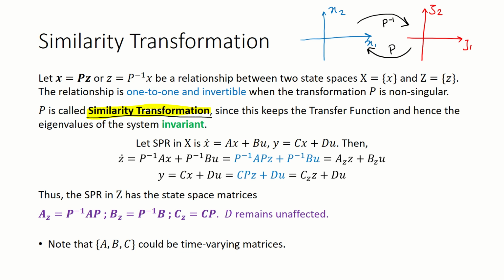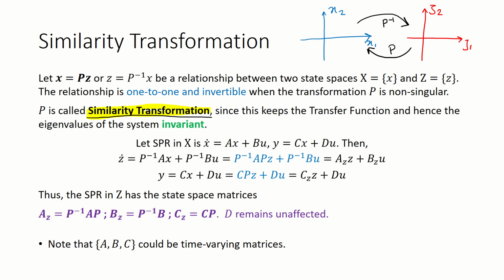The answer is the same as why we go from decimal to binary or from octal to hexadecimal. In some situations, some representation suits us better. We are able to work with some representation in a certain environment in an easier manner than the other. That's why these similarity transformations are there, and there are so many state space realizations or representations.